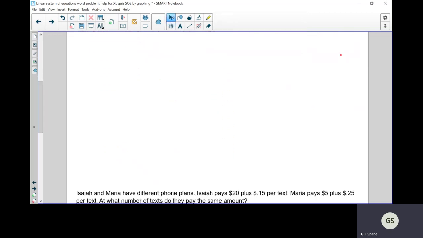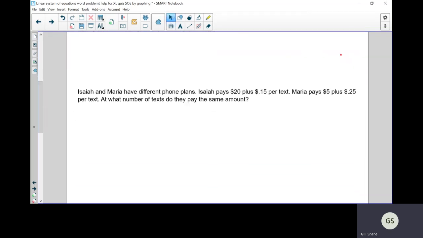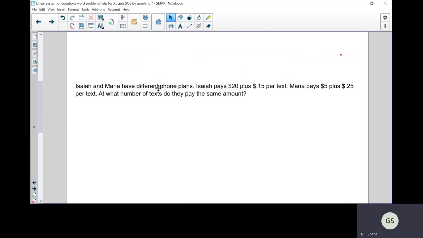So I'm going to slide this up a little bit. All right, so in this word problem, now here I do see that we have a situation where there's a one-time fee. They both have phone plans, and he pays $20 plus 15 cents per text. $0.15 is 15 cents.